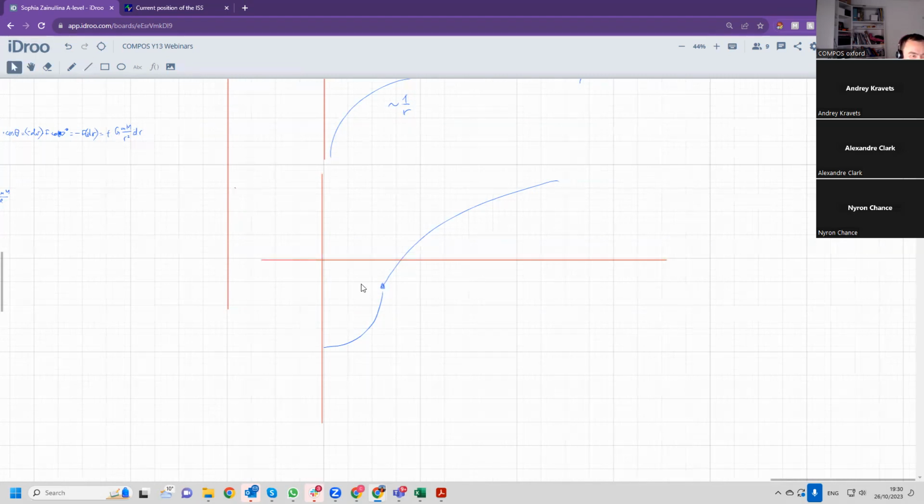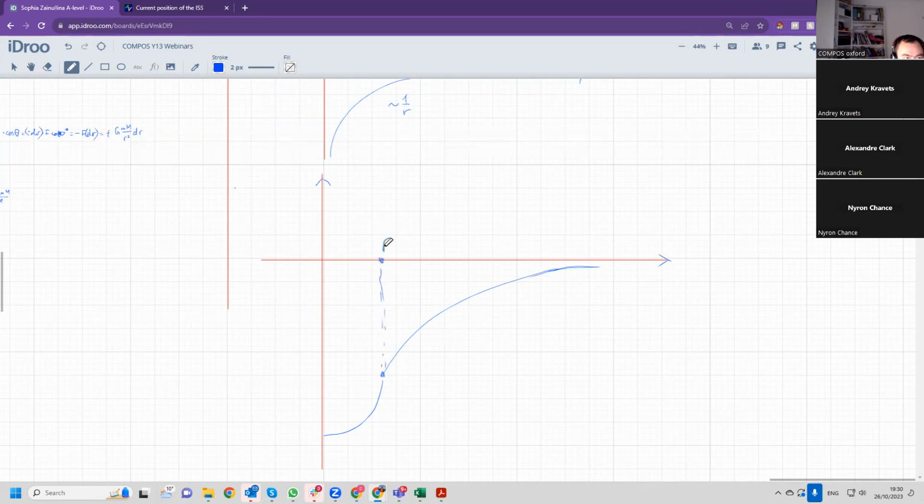When you are outside the planet, it goes like this. So this is the surface of the planet, R. So this is the planet.